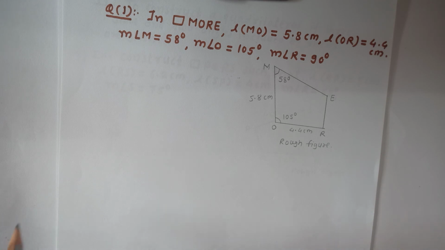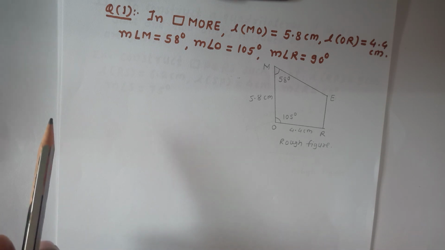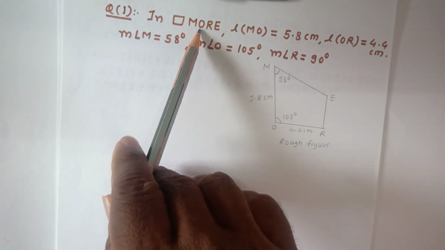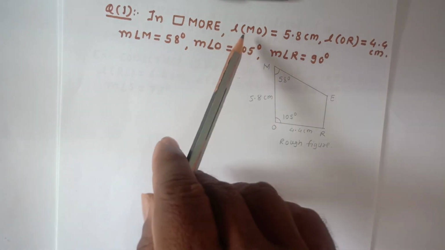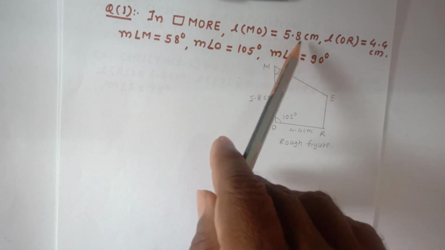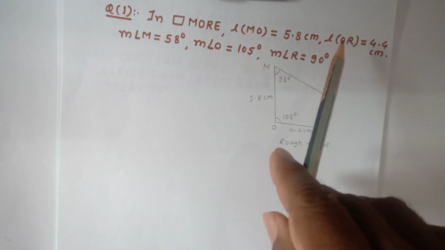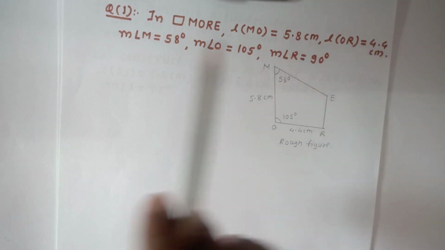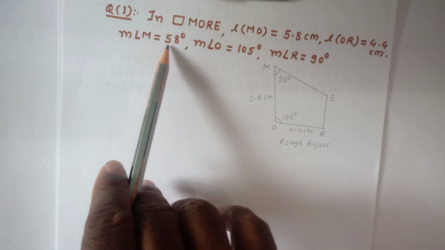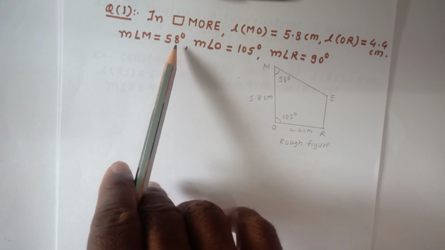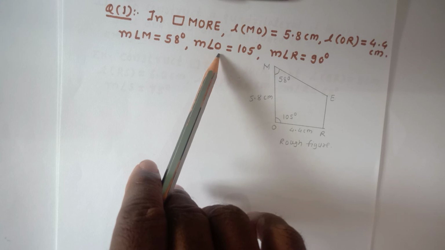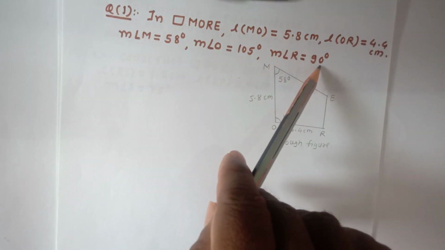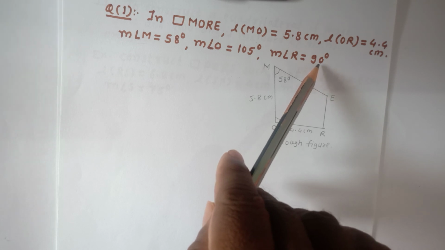Now question number 1, practice set 8.1. In quadrilateral MORE, length of MO is equal to 5.8 centimeter, length of OR is equal to 4.4 centimeter, measure of angle M is equal to 58 degree, measure of angle O is equal to 105 degree, measure of angle R is equal to 90 degree.